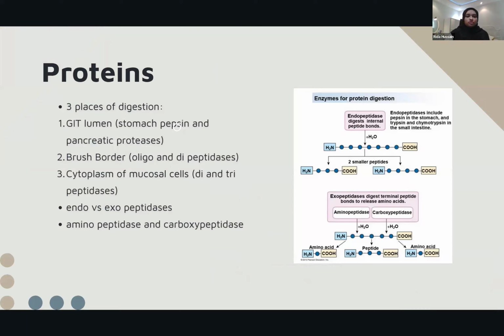We don't have to get into too much detail. Then another place of digestion would be the brush border itself, which deals with oligo and dipeptidases. So oligo and dipeptidases, what does that entail? Oligo means more than three, and di means two.